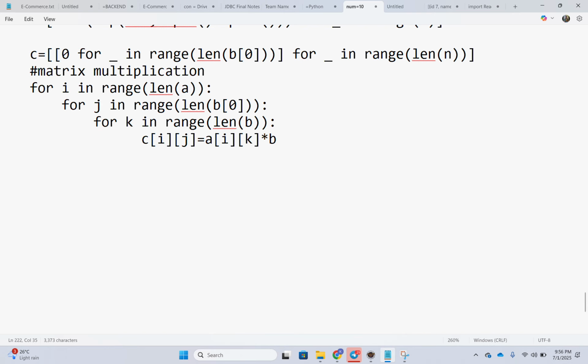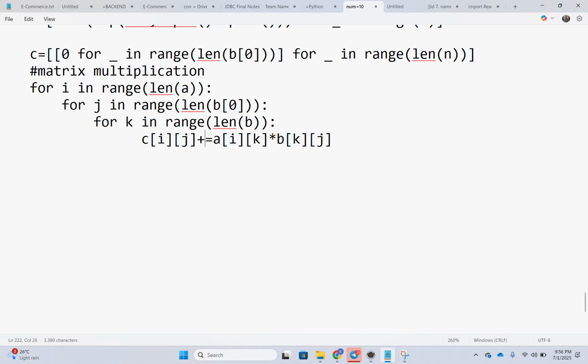Into B of k, then followed by j. So we are just multiplying and we have to add the overall row, no?